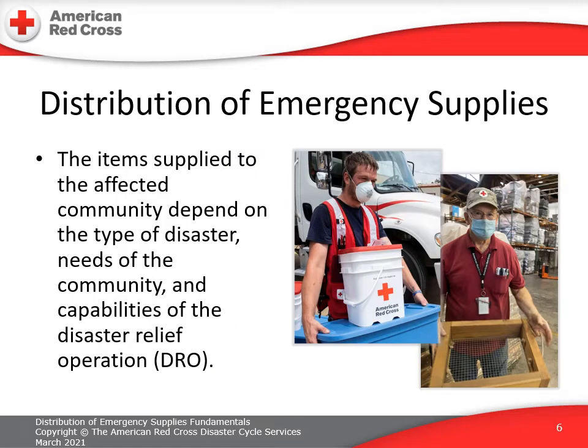The items supplied to the affected community depend on the type of disaster, the needs of the community, and the capabilities of the disaster relief operation. For example, after a hurricane impacts a community, DES typically supplies cleanup kits, bleach, work gloves, and so on.